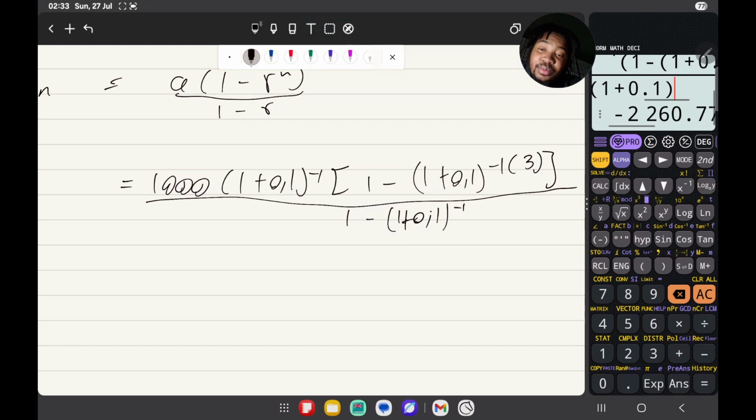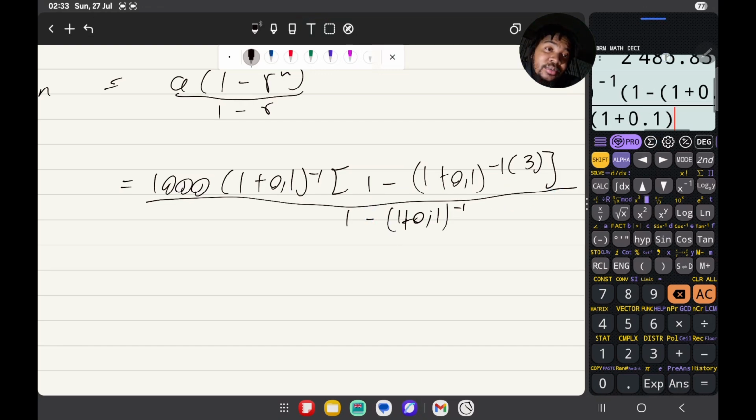So let's put everything in the calculator. 1000 there, and there's just a negative 1 remaining here.